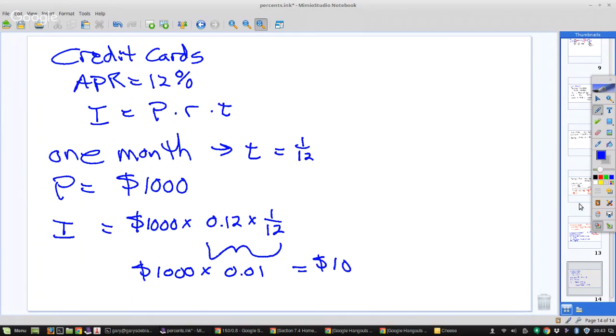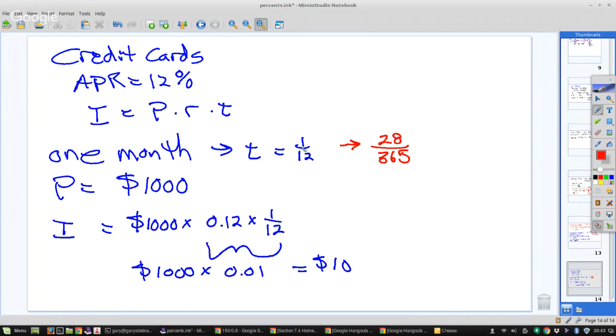Now, in reality, what happens is they look at the number of days in the month. So if this was February, they would calculate 28 of 365. And technically, it's a law. They don't have to actually use 365. They could use 360 if they wanted to, and they can use any whole number from 360 to 365. And the reason is, on average, there's about 30 days in a month, and there's 12 months.